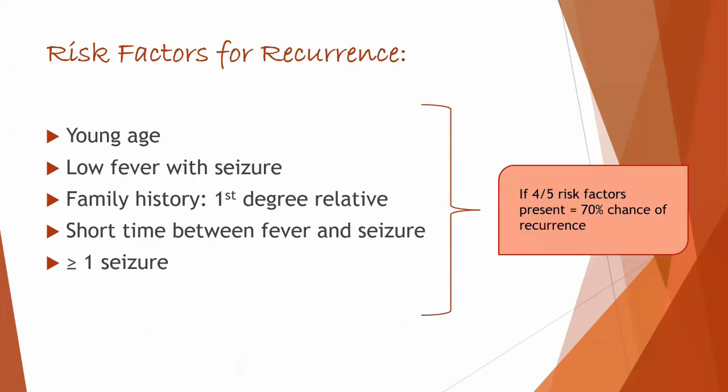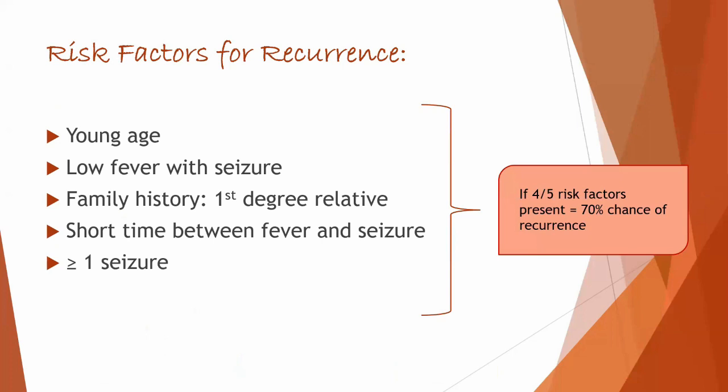Then there are some important risk factors for recurrence. The first risk factor is if your first febrile seizure was at a very young age. Secondly, if you have a low fever with the first febrile seizure, say for instance it was 37.8 and then you had a febrile seizure.